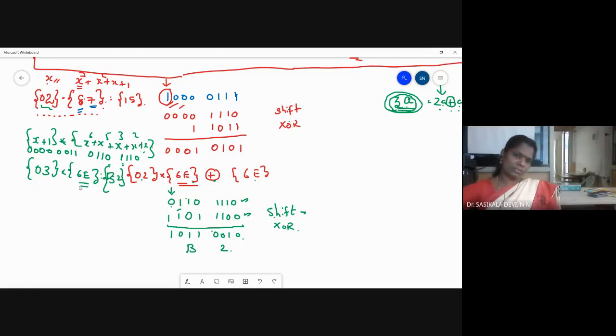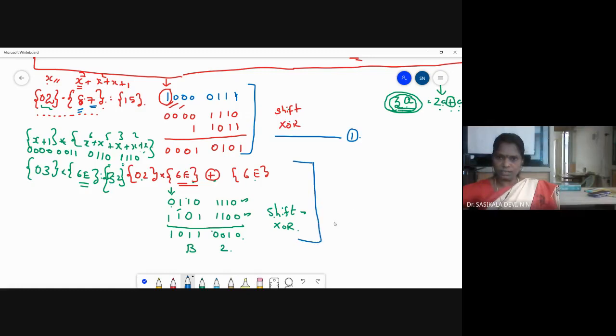Can you understand these two things? So this is one example, and let me take this portion separately. This is one example and this is another example. Let's go further.